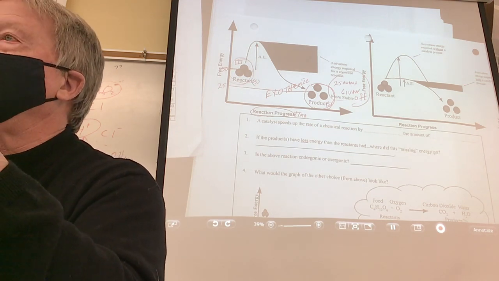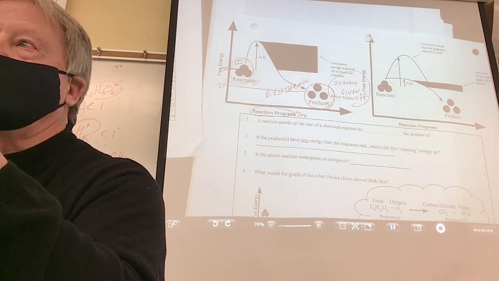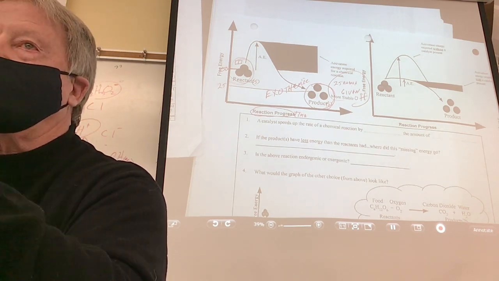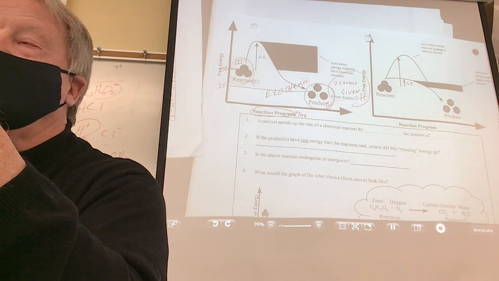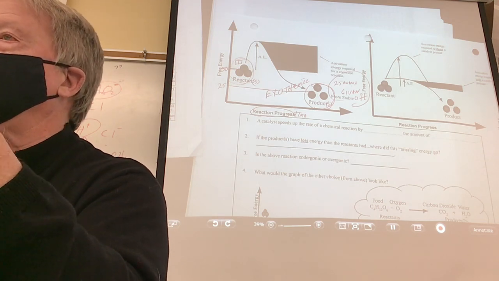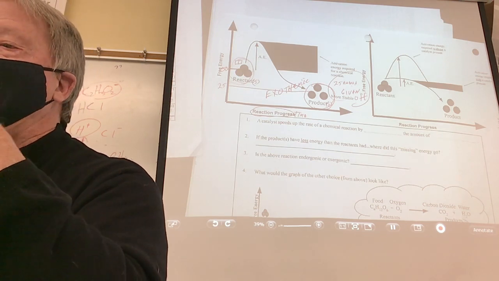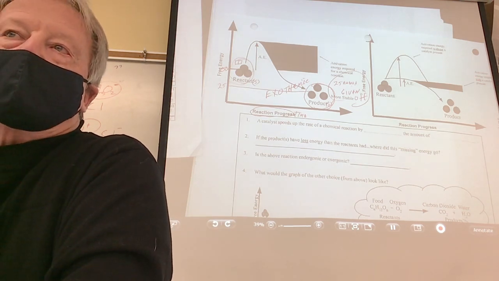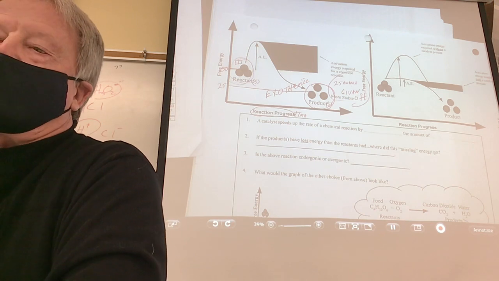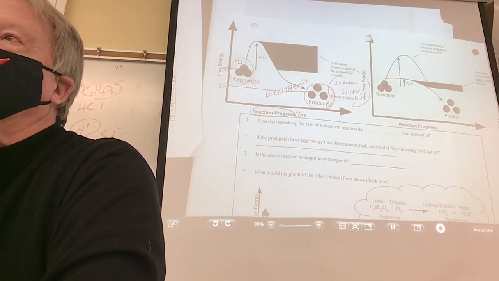It's not giving off energy, it's taking in energy. What kind of reaction is that? Endothermic. Remember those?